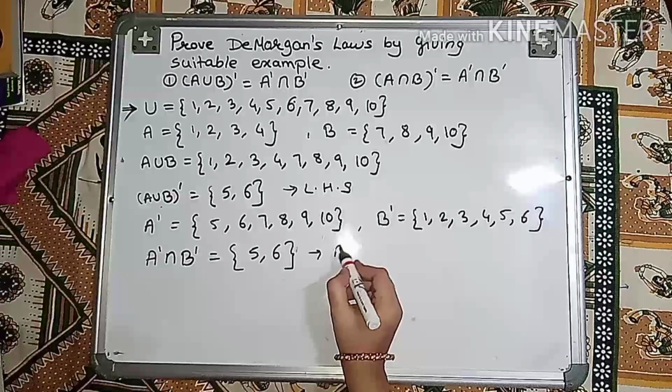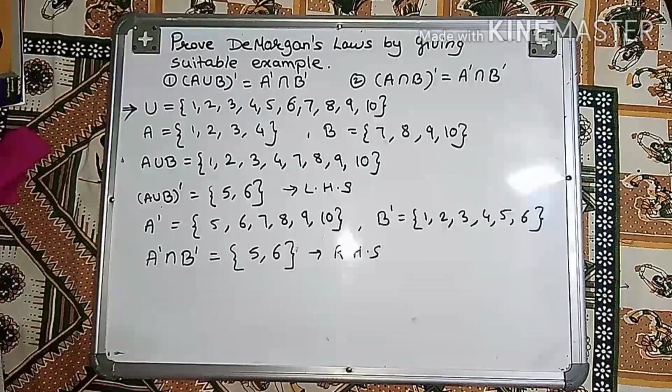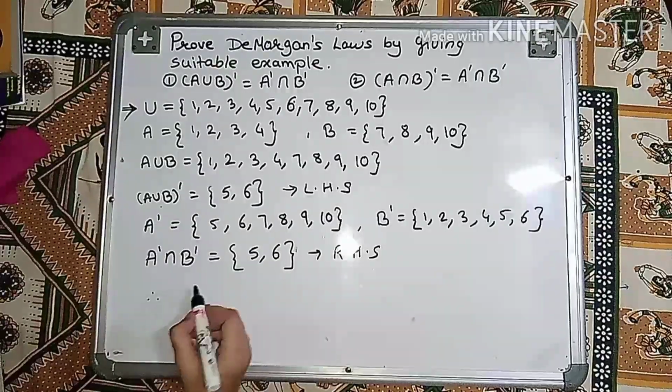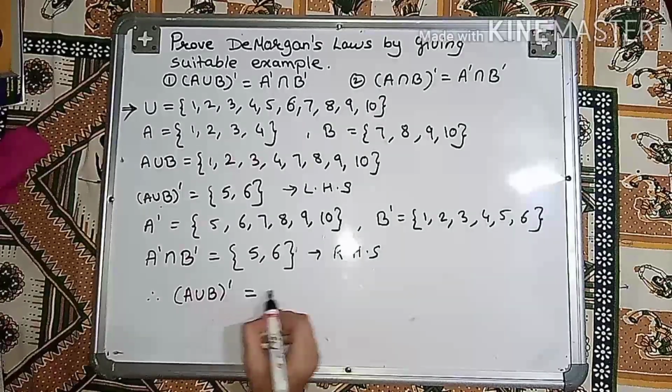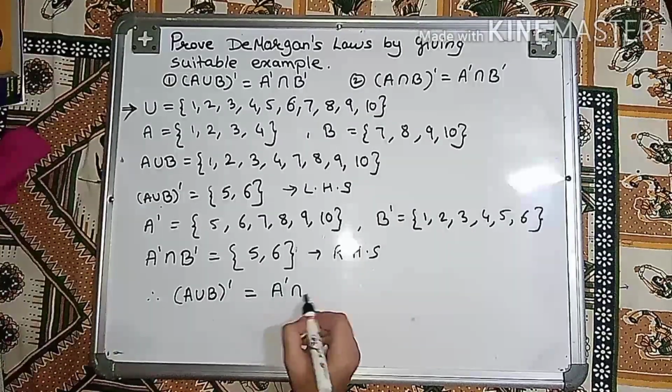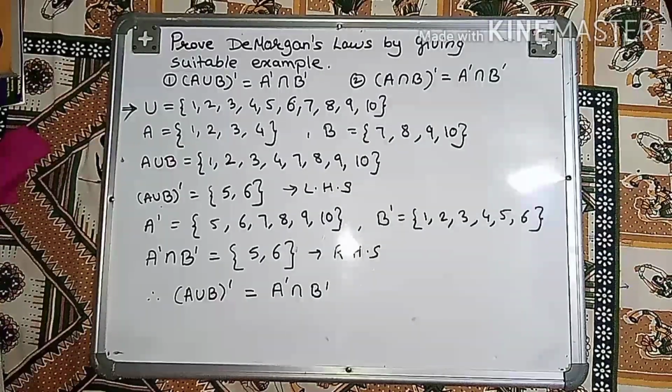This is our RHS. So here LHS is equal to RHS, which means (A union B) dash is equal to A dash intersection B dash. Okay, here we proved the first law.